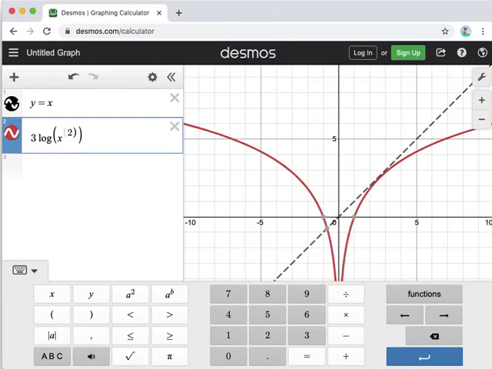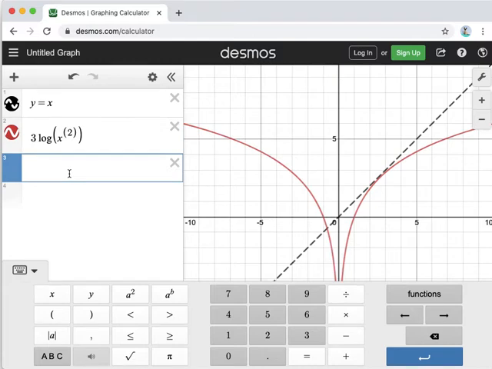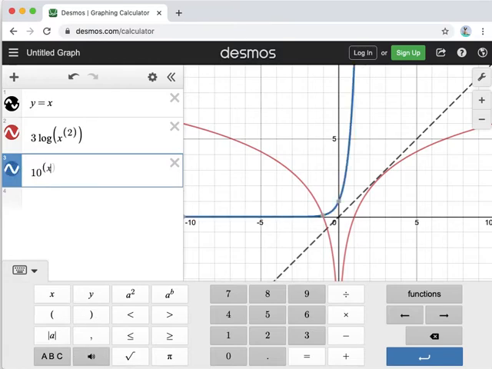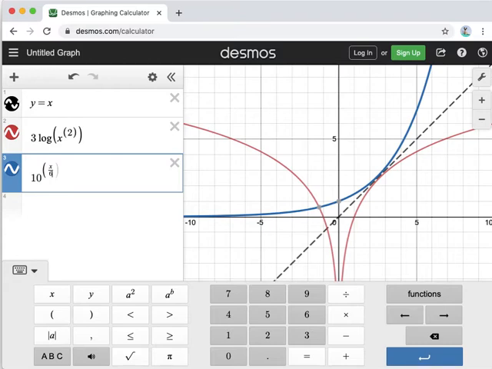But anyway, this part here on the left would not actually exist. And then we would do 10, and we would raise that to the x over 6 power.